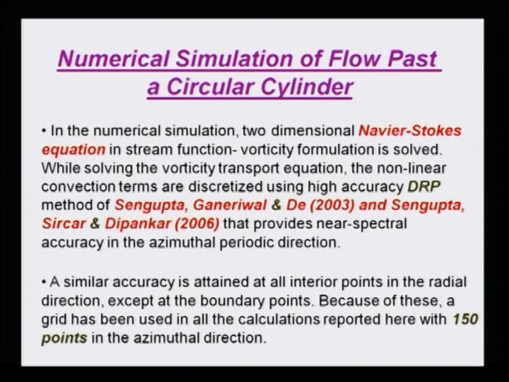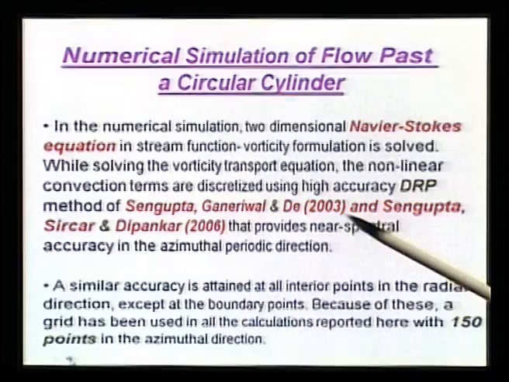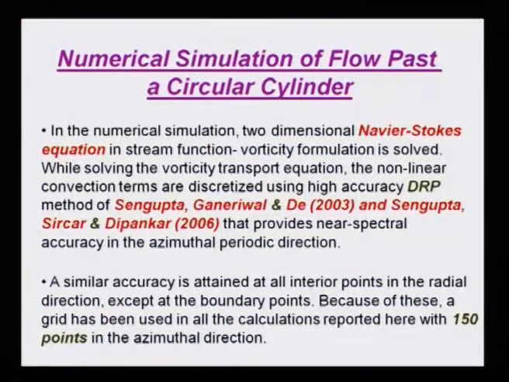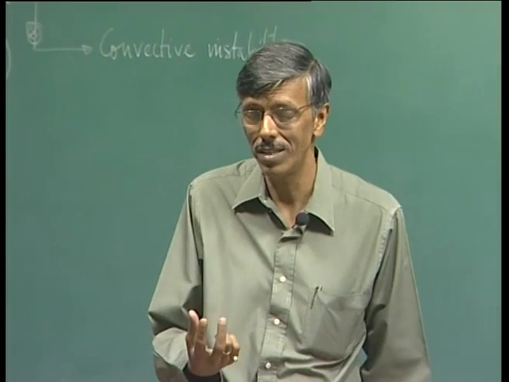We actually use the stream function vorticity formulation because of its inherent accuracy. The accuracy of the solution, one of the factors I told, is about dispersion relation preservation. In addition, we need to see that certain conservation principles are also followed very, very carefully.